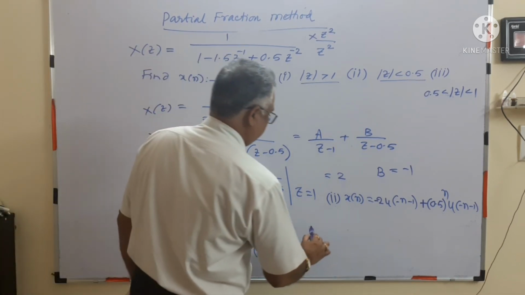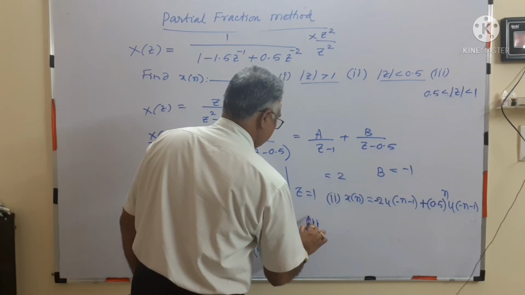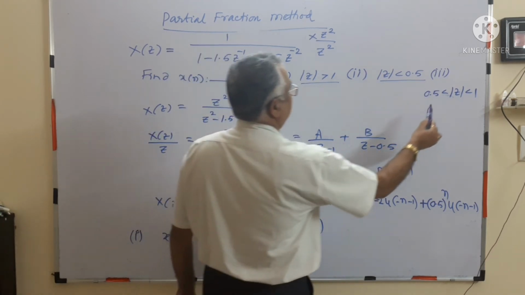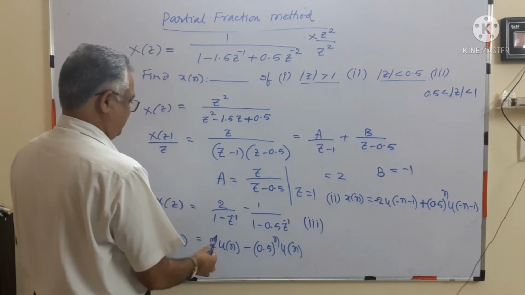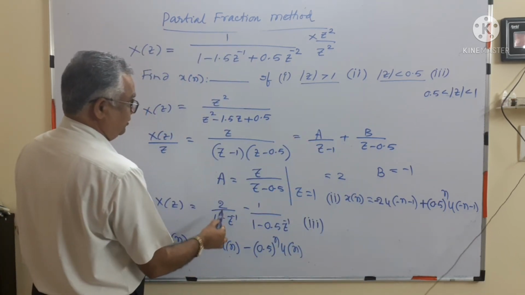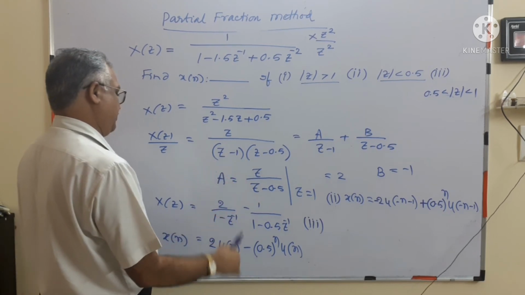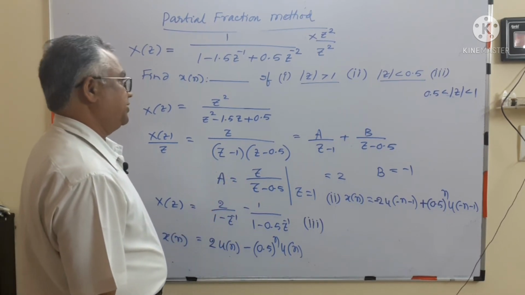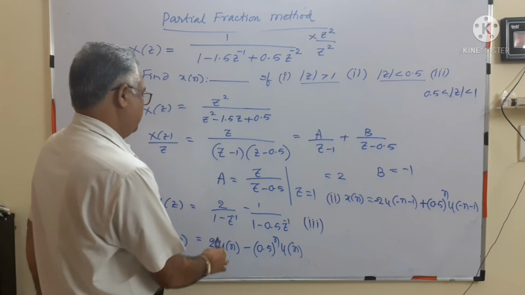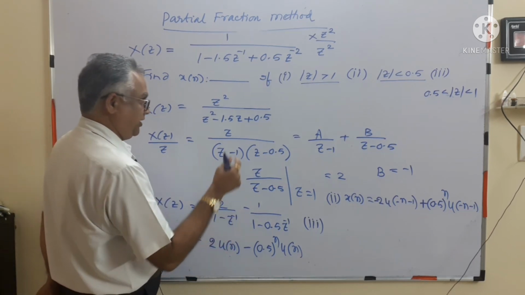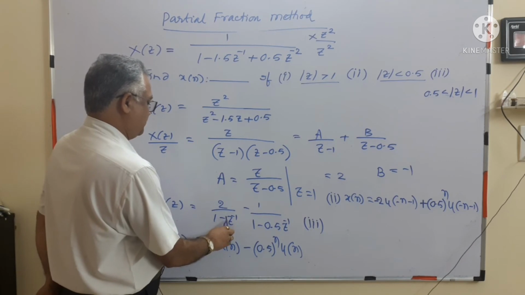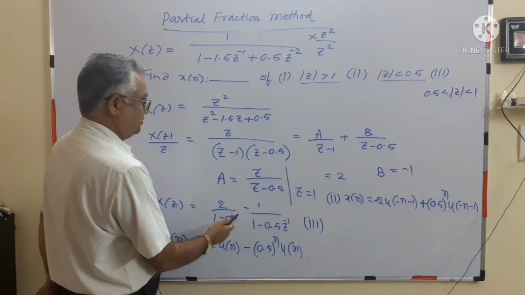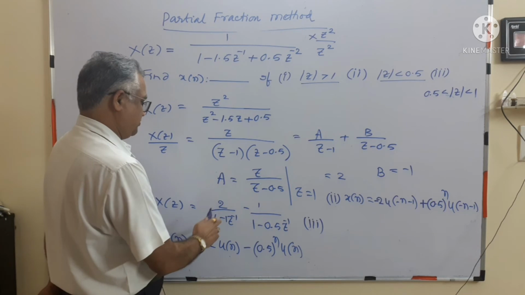Then third one, between 0.5 and 1, mod z greater than 0.5. Here greater than 1 is needed, but if I take 0.6, it is less than 1. So this is left side.